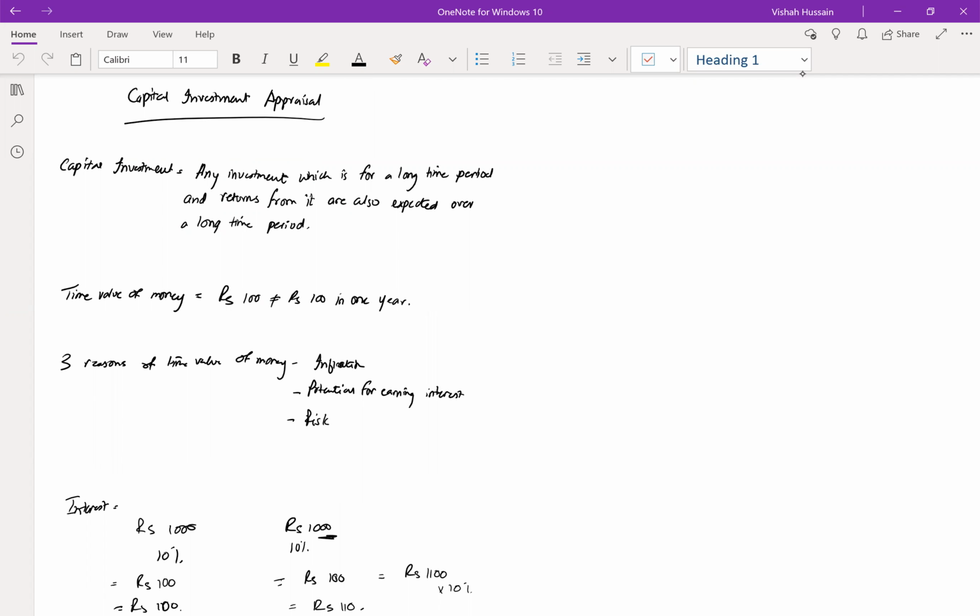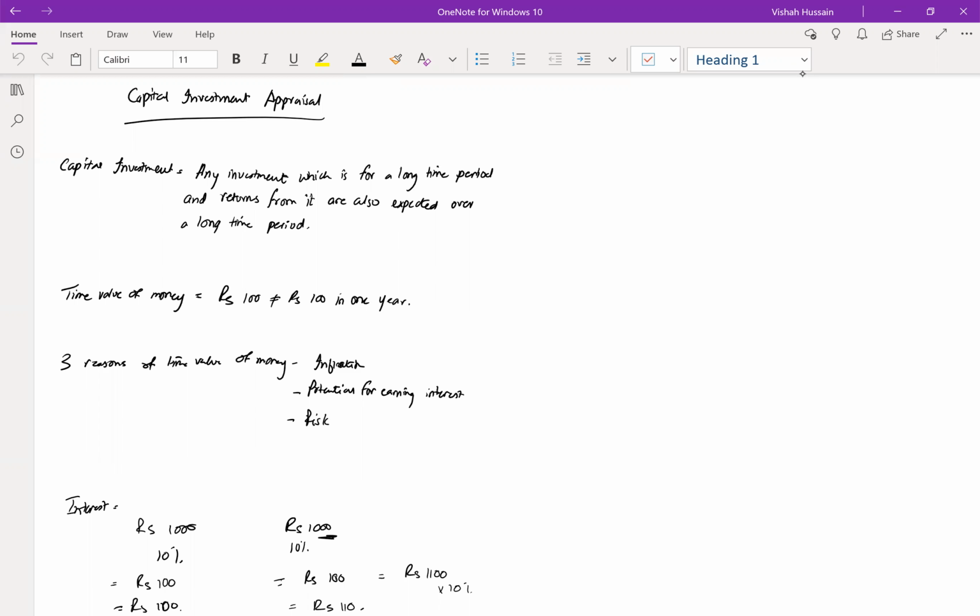Capital expenditure is any amount that you spend for a long time period and from which you're expecting returns over a long time period, or any amount that you're spending which is big, and returns from it are also expected over a long time period. However, revenue expenditure is an expenditure whose amount is very small, and its returns are also very small.